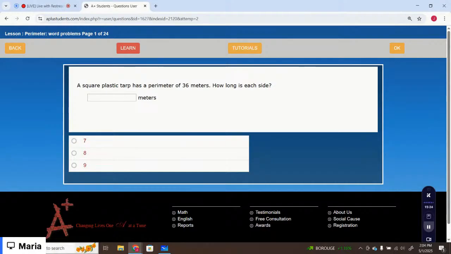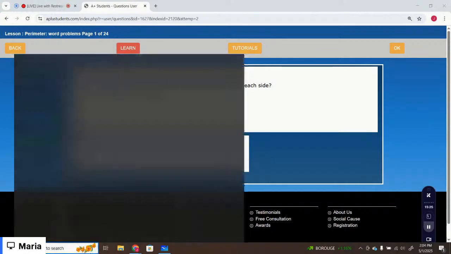Perimeter is the sum of the measurements of all these sides.